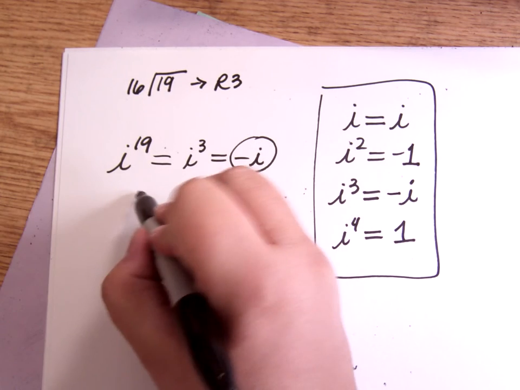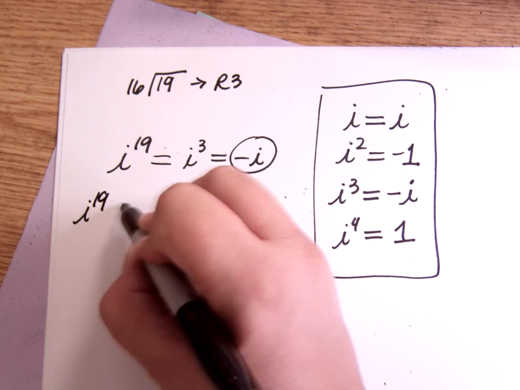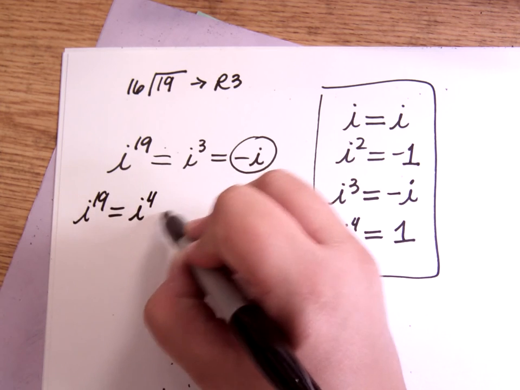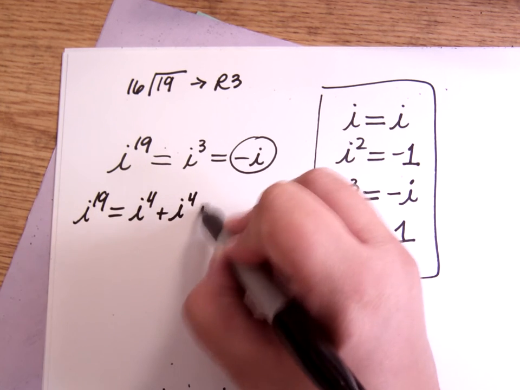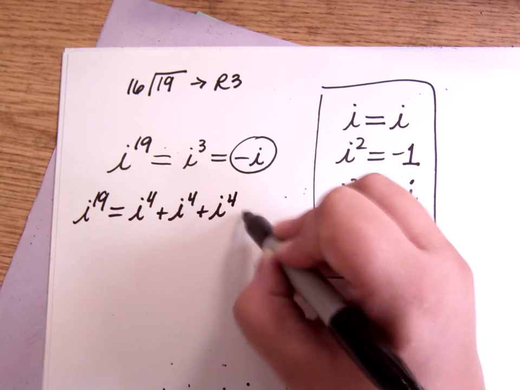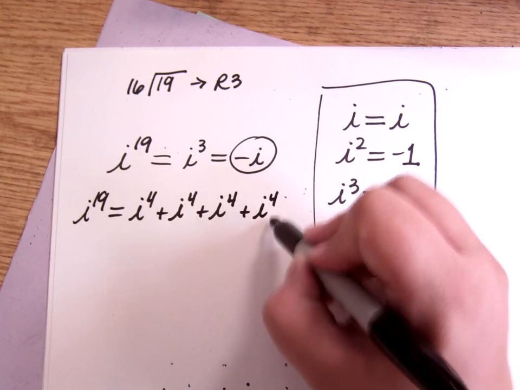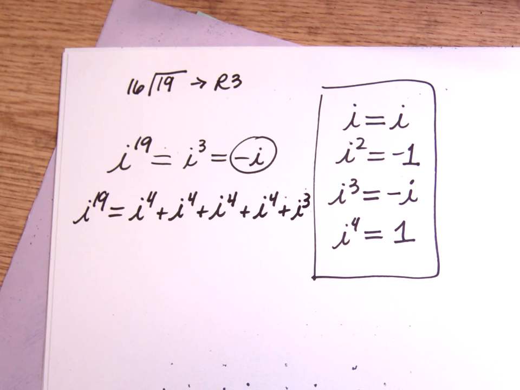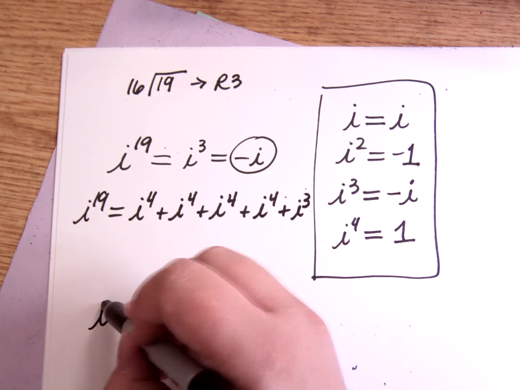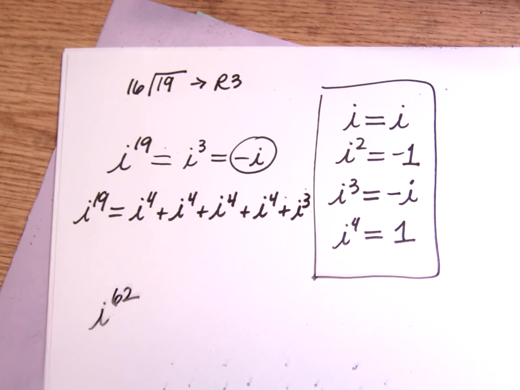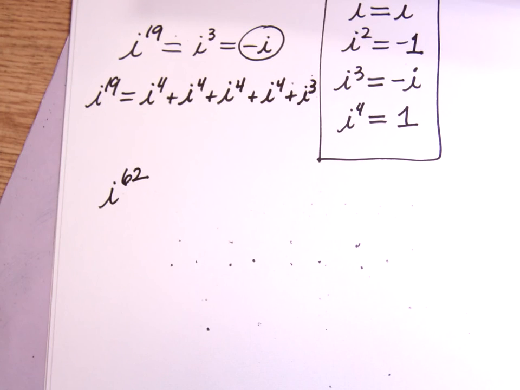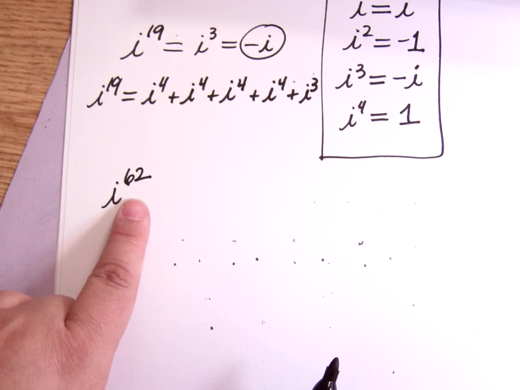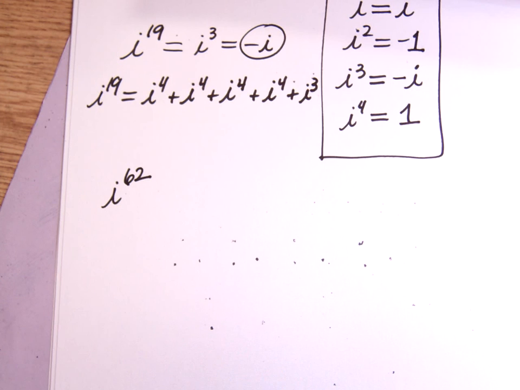Okay, another way of looking at that is 19 is 4 plus 4 plus 4, this is 12, plus 4, which is 16, plus 3. So if I have i to the 62nd, I just have to know what is the biggest multiple of 4 close to 62.